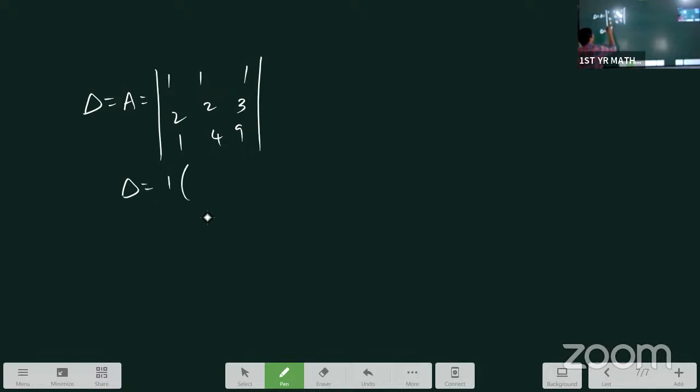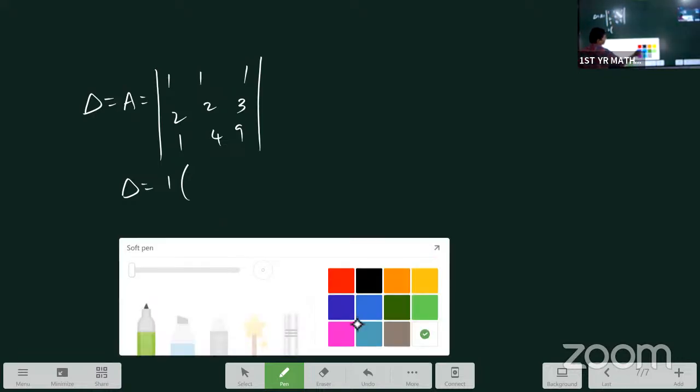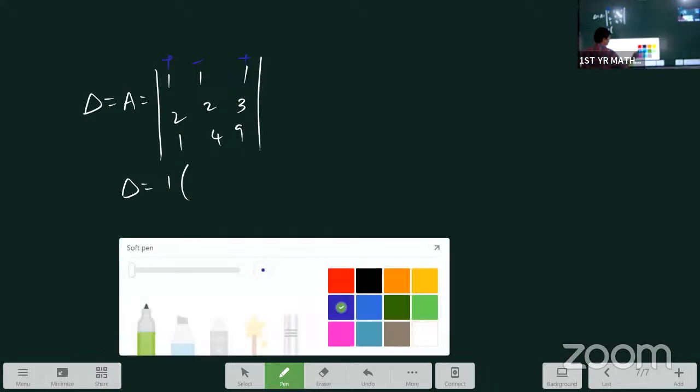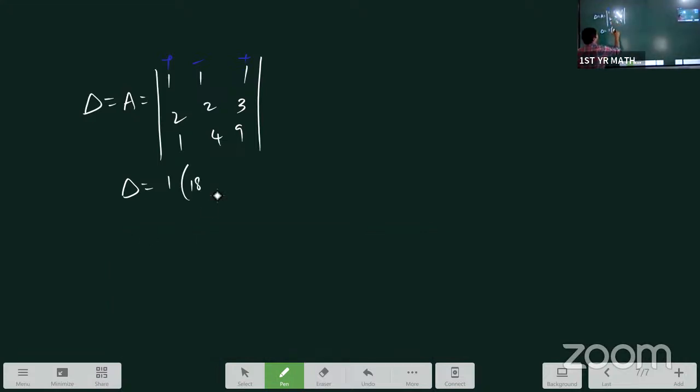We start with plus 1, with the sign pattern plus, minus, plus. Each element is multiplied with its cofactor. So plus 1 into, leaving the row and column in which it is present, 9 2s are 18 minus 4 3s are 12. Minus 1 into 9 2s are 18 minus 3. Plus 1 into 4 2s are 8 minus 2. 18 minus 12 is 6.